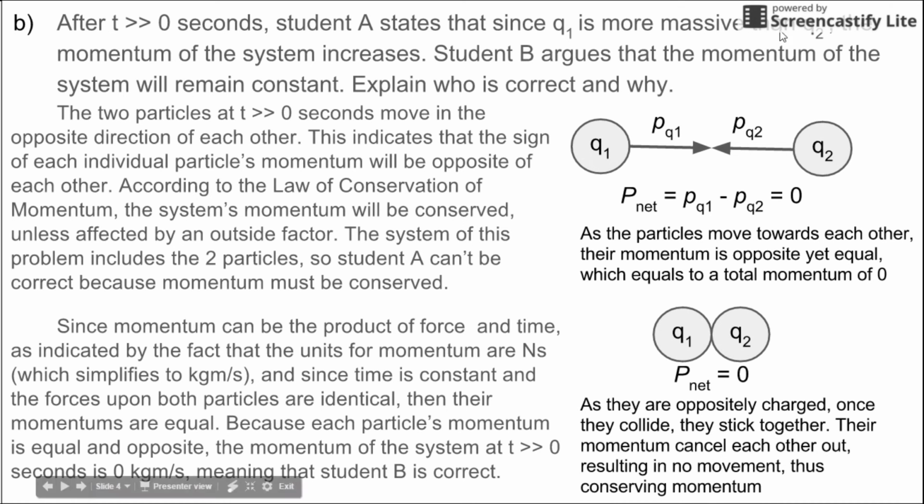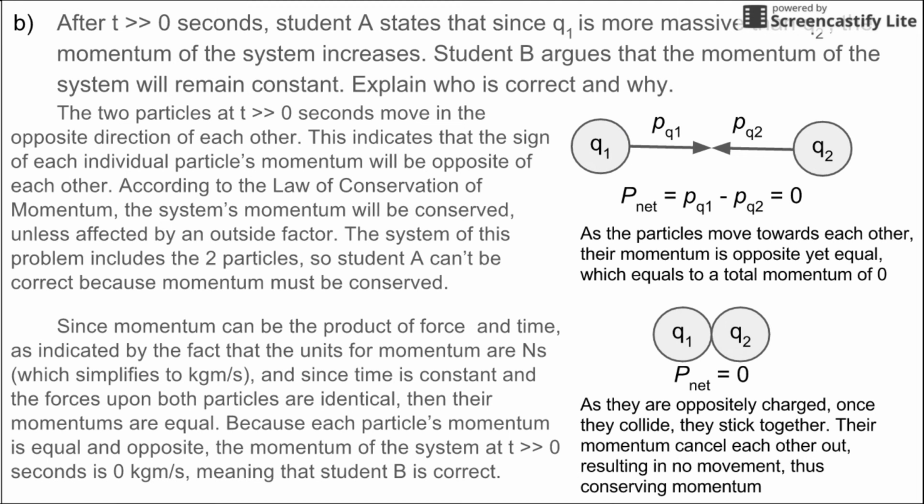So since A is talking about one of the charges being more massive, he's turning that one charge into its own system. Therefore, he's already incorrect. Student B is correct just because of that fact, but I want to go more in depth into this.